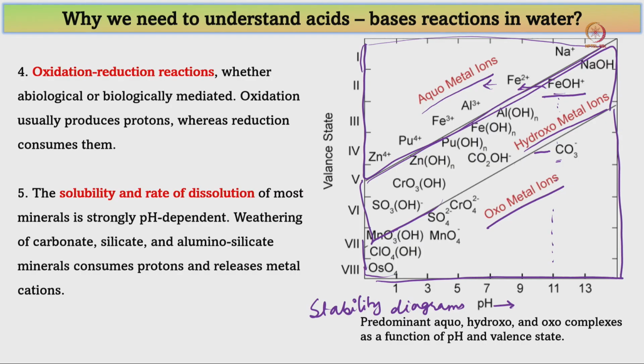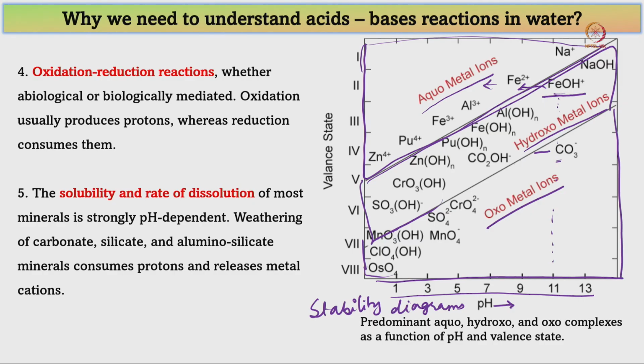So, I want to drive home this idea that with changing pH, the stability of different species of ions changes. The pH of the system controls the ion speciation, and some species of ion are more soluble, more bioavailable.